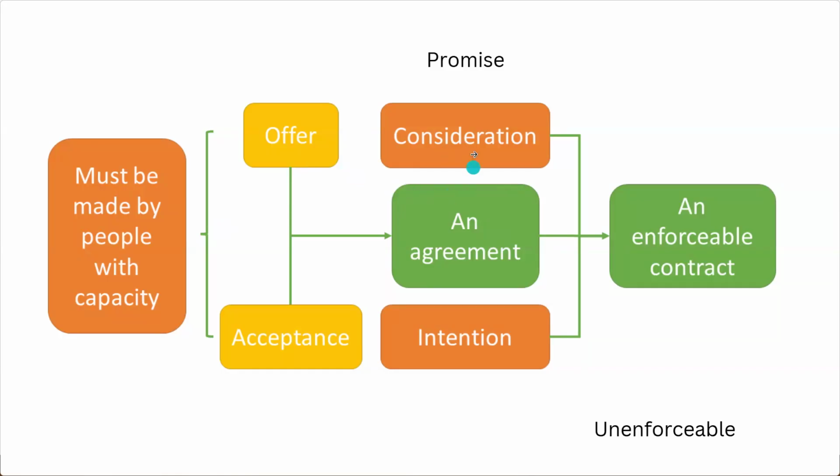They may consider the consideration, whether this agreement has sufficient consideration, and the intention to be legally binding. If it has all of these elements, then this agreement is an enforceable contract. And if the supplier doesn't comply, they may face the consequences, like needing to pay damages or needing to perform something specific. In other words, specific performance.